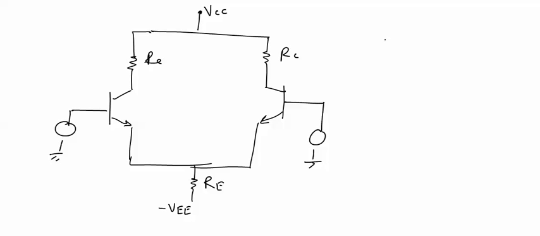the common mode gain AC is inversely proportional to emitter resistance RE, while the differential gain is independent of RE.